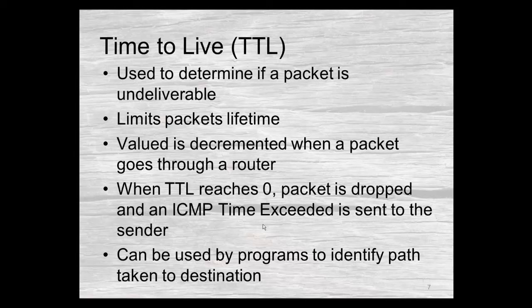Different operating systems will put a different starting value for time to live, and it may be 64, 128, 254, which is the largest value, or 255 rather, which is the largest value. There are programs, and we'll be looking a little later on at programs such as Traceroute, that can use this time to live to identify the path that a packet takes from source to destination.